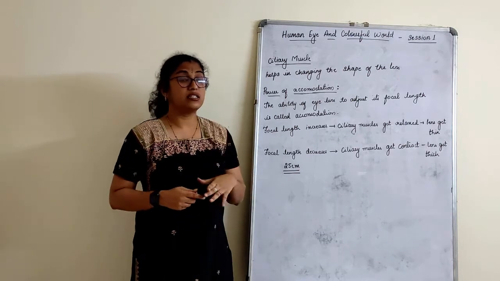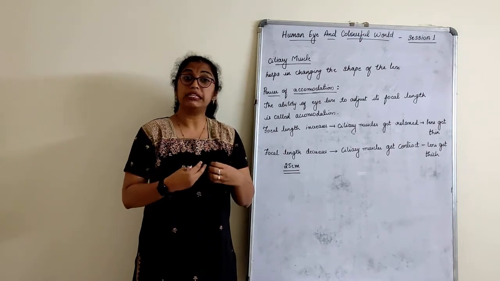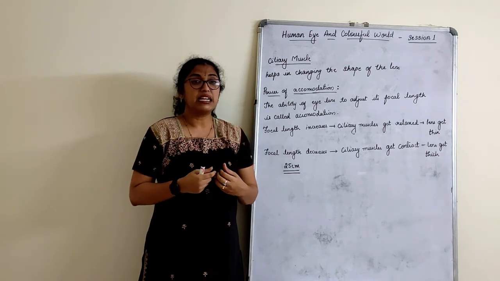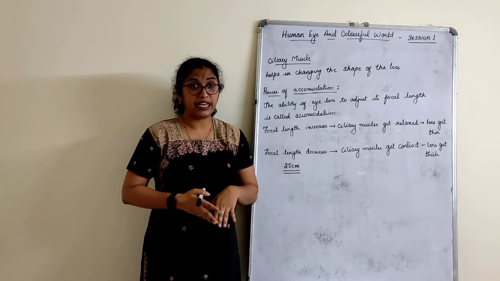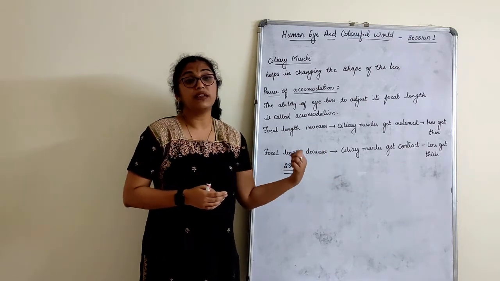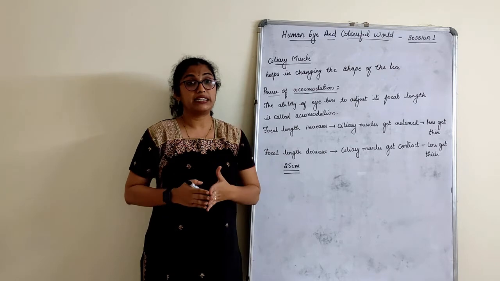Now based on this, sometimes we are not able to see near things, or sometimes we are not able to see far away things. That is a defect in our eye. So let's understand what the different defects in the human eye are and how we correct them using corrective lenses.